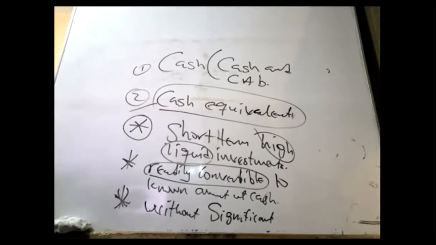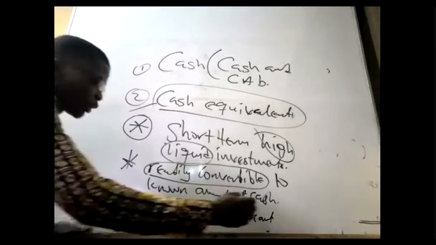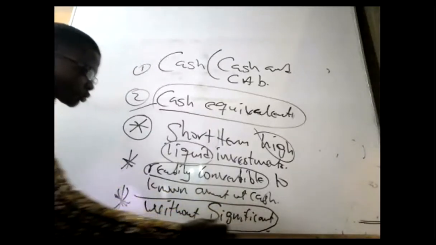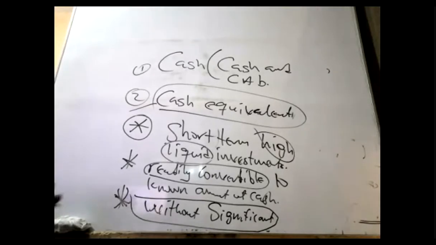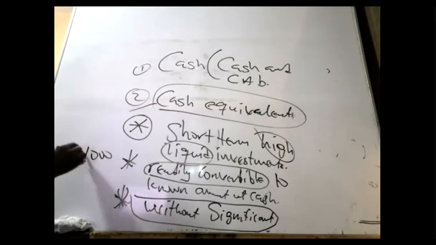Number two, on the last section, very important: significant changes in value. You can compare to the known amount of cash, $1,000 with you.